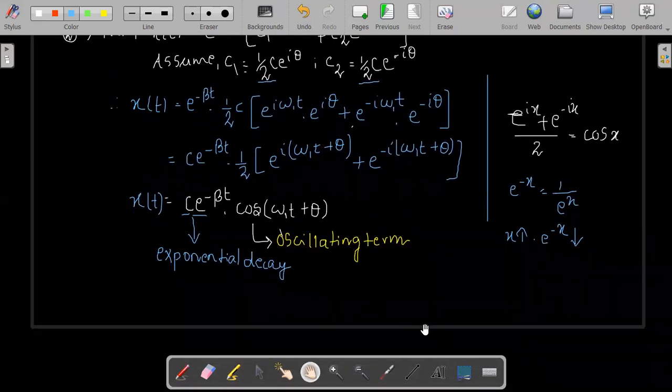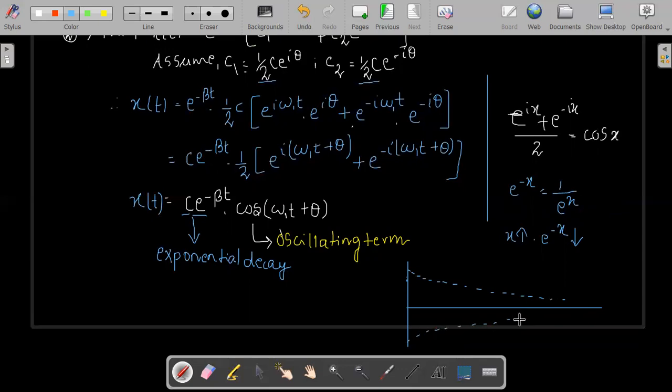We can in fact also draw a picture here. Let me just take up the axis. And now you have a wave. That means you can plot the cos term, right? But then it decays exponentially. So, be it along the y-axis positive or the y-axis negative, this is going to decay.